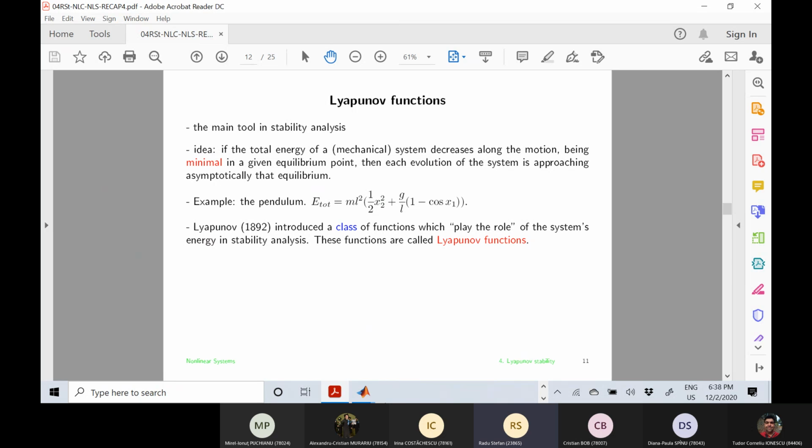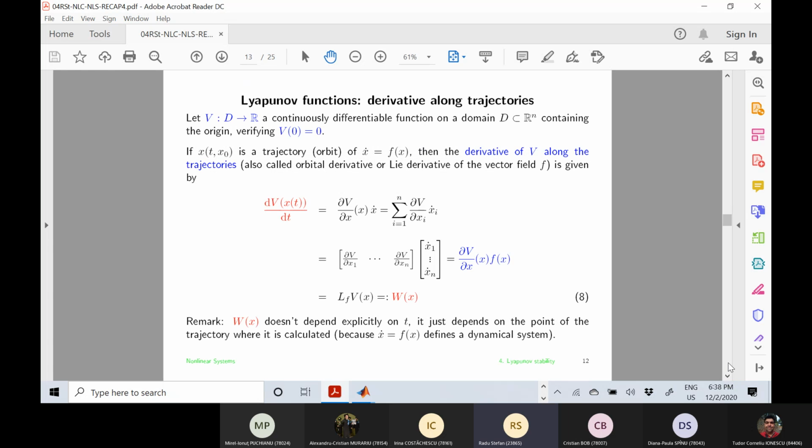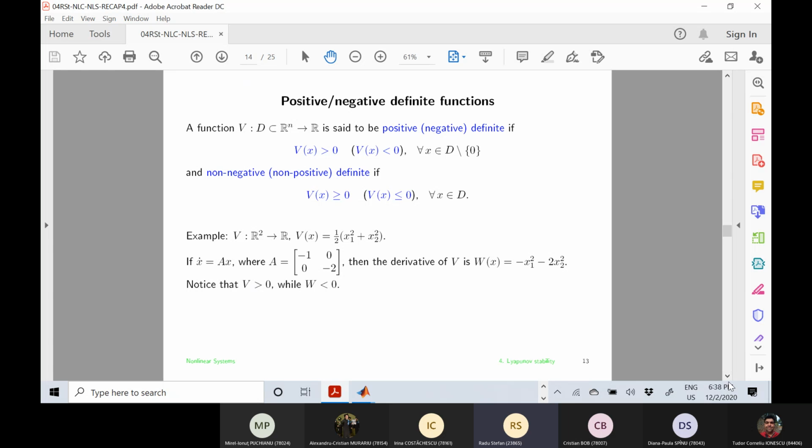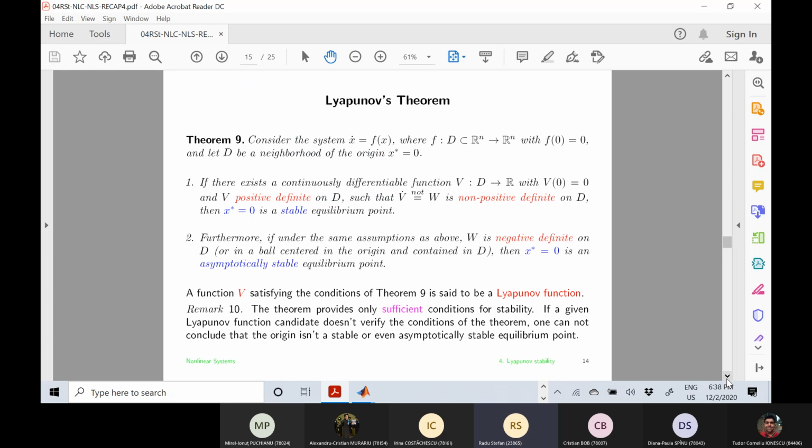It has the significance of energy, and if energy decreases along the trajectories, then we will reach, of course, the origin as an attractor, and we will be able to say this point is asymptotically stable. I will come back to the calculation a little bit later, and on this slide, as well.